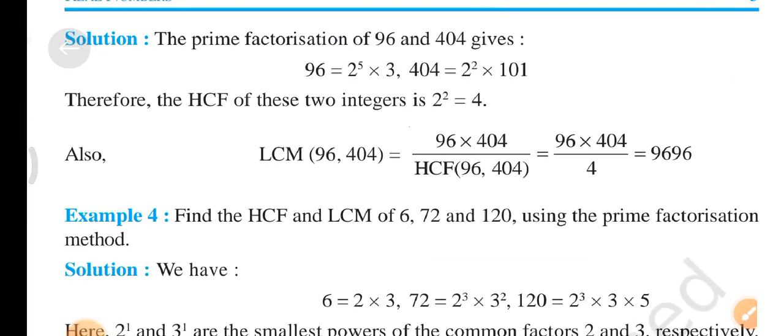The prime factorization of 96 and 404 gives 96 is equal to 2 to the power 5 into 3 and 404 is equal to 2 square into 101.